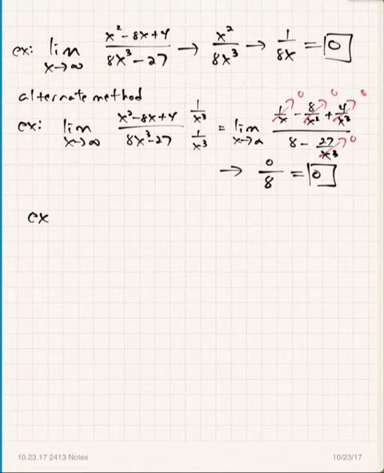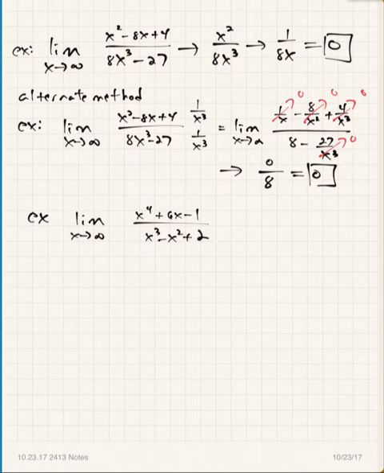So now let's look at these same kinds of limits, but with the numerator degree larger than the denominator. Let's say we have x to the 4th plus 6x minus 1 over x cubed minus x squared plus 2. Notice the degree of the numerator is bigger than the degree of the denominator.